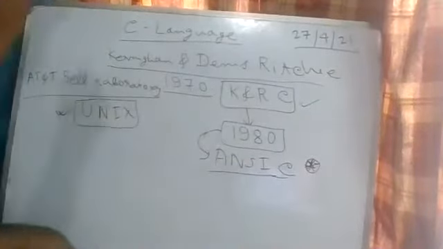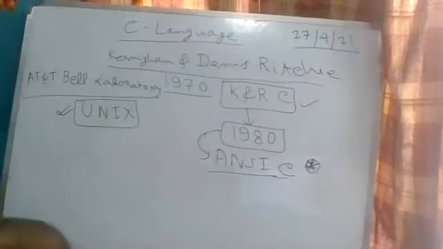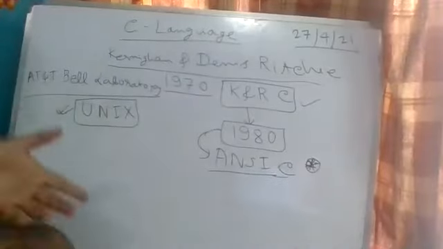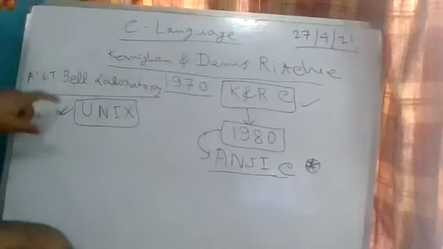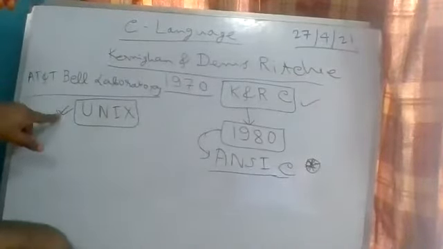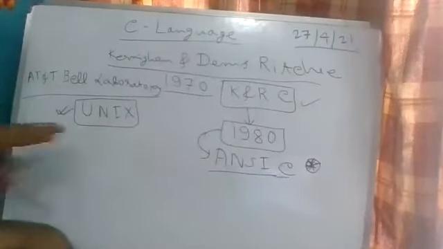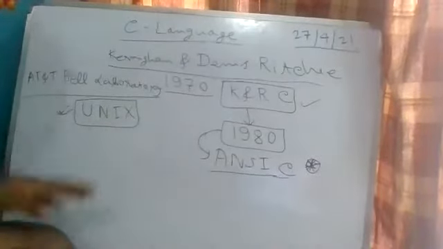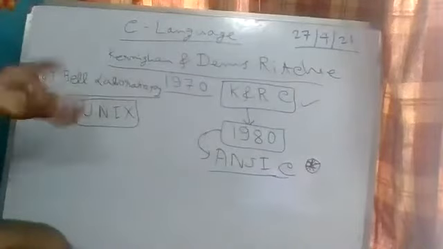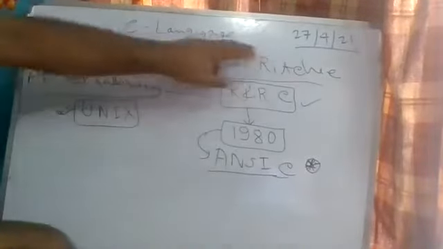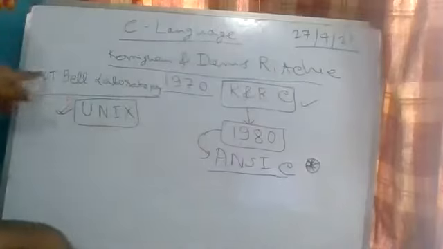At that time, Unix was the first operating system that was being developed to be multi-user and multitasking, with very powerful security. Such an operating system was being built by these two people at AT&T Bell Laboratories.